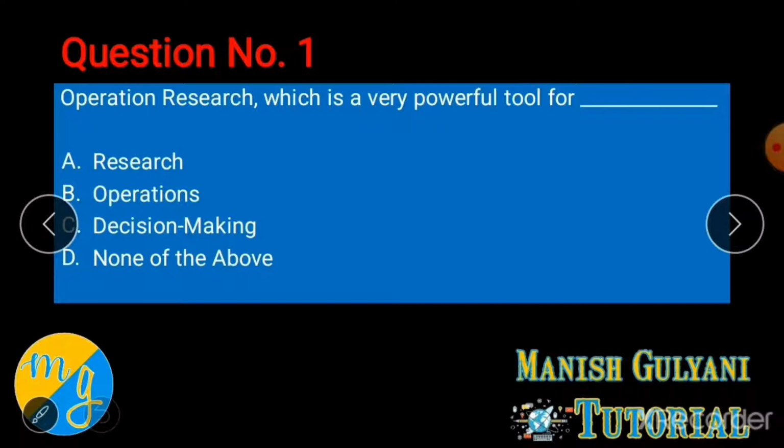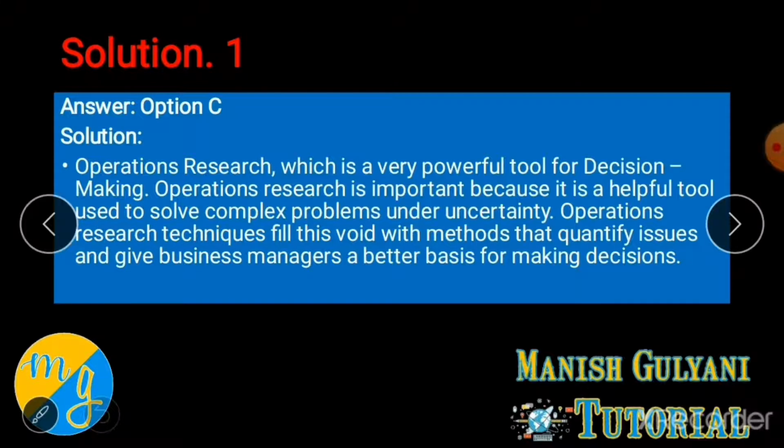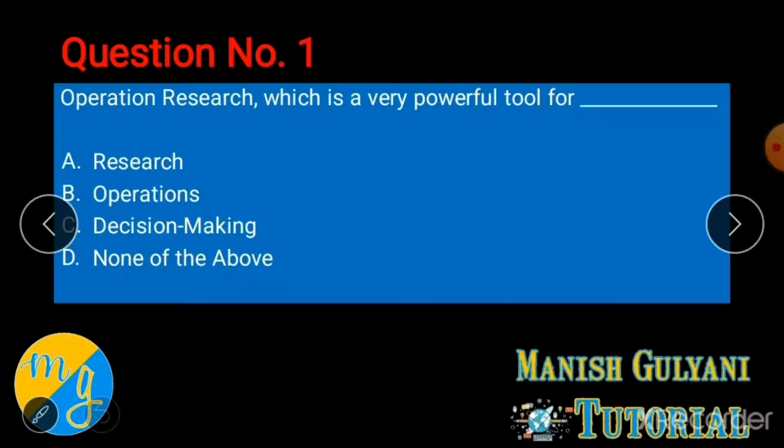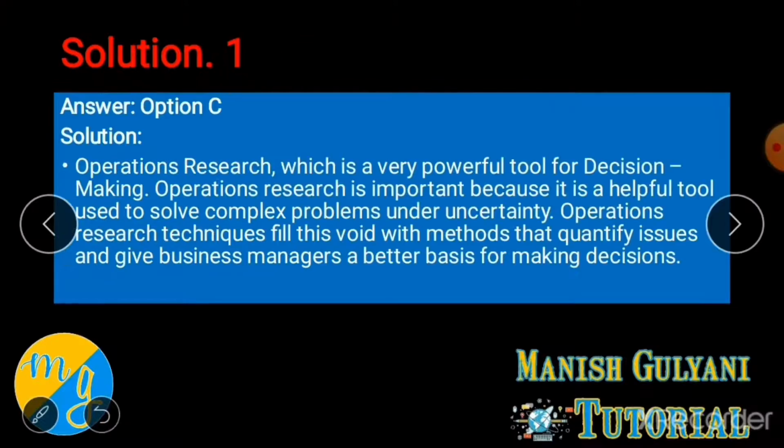So on the basis of this line that I repeated so many times in every chapter, the correct answer is option C, decision making.